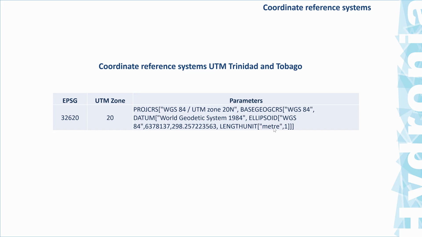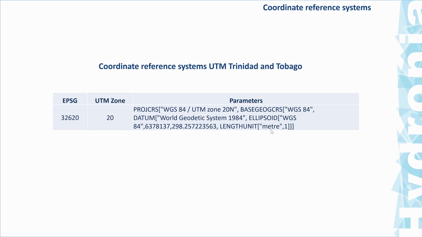Why is this important? Because as soon as you select your projection in QGIS, and in particular in HydroBID Flood, you select this projection, and that also selects the unit system that you will be working on for the rest of the project. Normally, if you work in metric units, then you select this UTM zone in meters here.